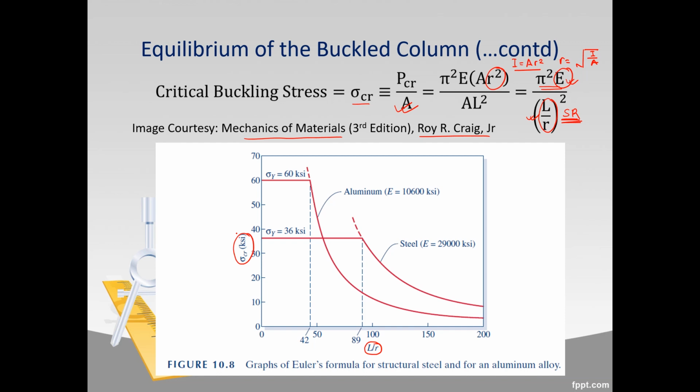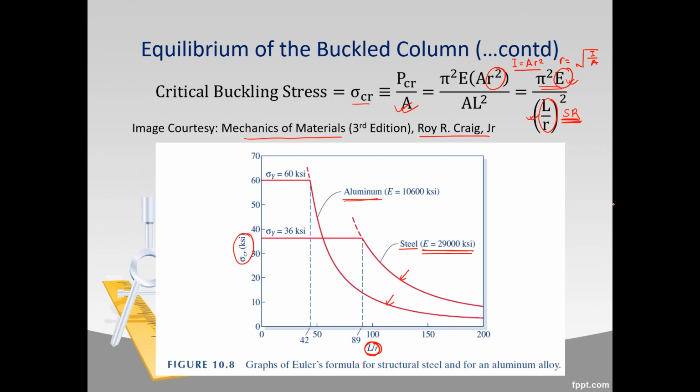You can see that since the graph has been shown for two types of materials, steel and aluminum, since steel has a higher value of E as compared to aluminum, for the same value of L by R, you get a higher buckling stress for steel, since this curve is above the curve for aluminum. So, using a material with a high value of modulus of elasticity increases the value of critical buckling stress and the critical buckling load also.